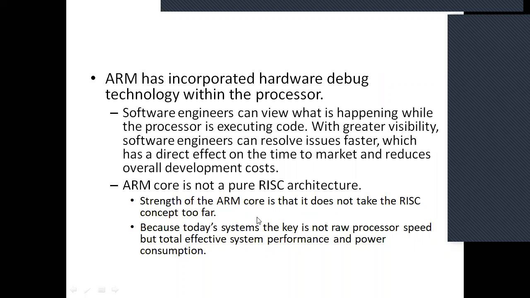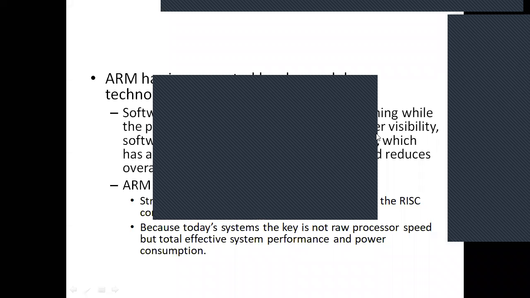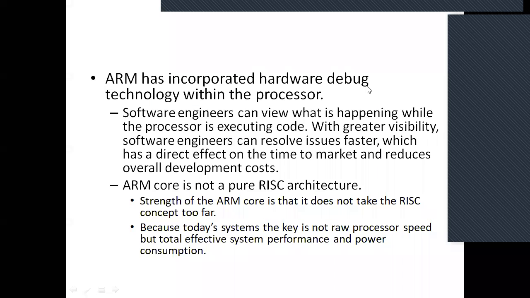When your system is running, if anything goes wrong inside your processor, any data is misplaced or mishandled, or if you are not getting proper results from your system, in that case you have to debug your program or your software and see how actually data is flowing inside your system. That can be done by the software.